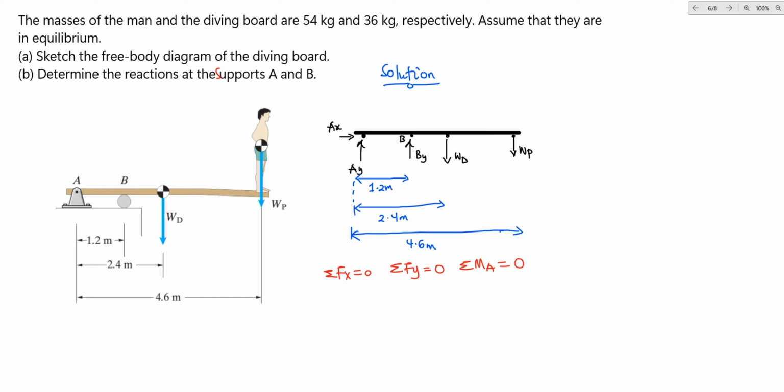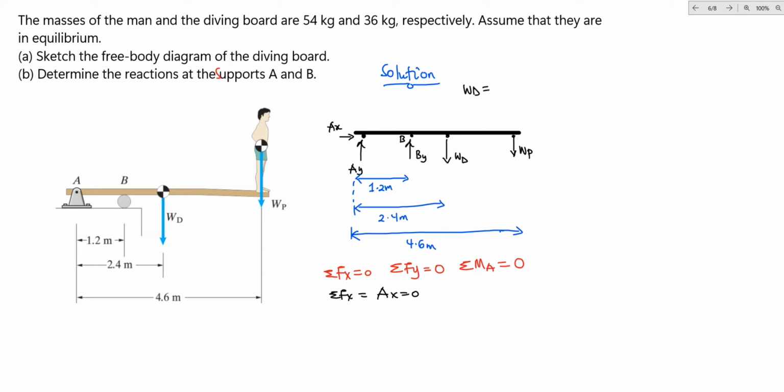Now let's consider the equations. For the first equation, the sum of the forces in the x-axis direction, you're going to have Ax equal to 0, which means that Ax is 0. Now let's consider the sum of the forces in the y-axis direction. But before then, let's look for the value of WD and WP.